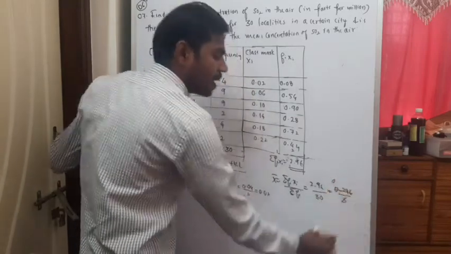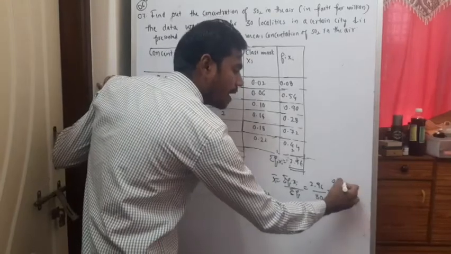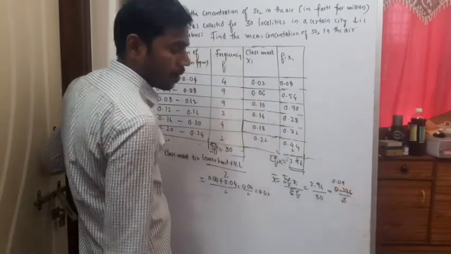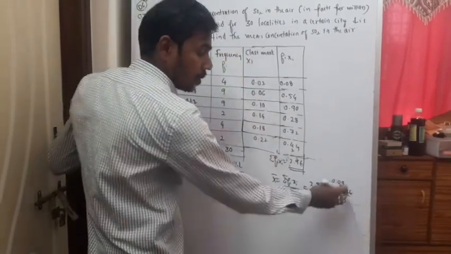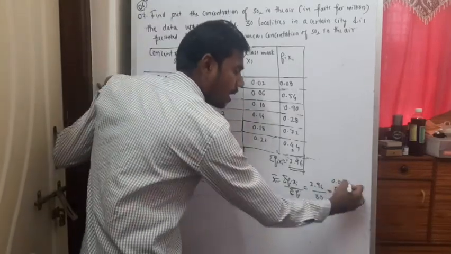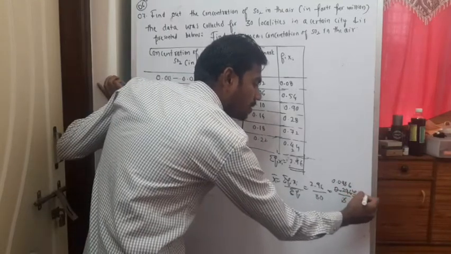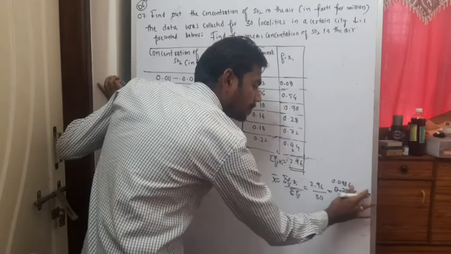So 2 is less than 3. Again we should place 0. So 3 nines are 27. What left? 2 left, 26. 3 eights are 24. 2 left, 20. 3 sixes are 18. It is approximately equal to 0.099.